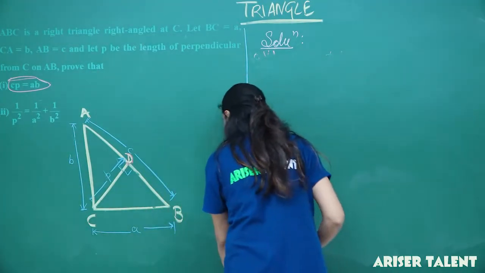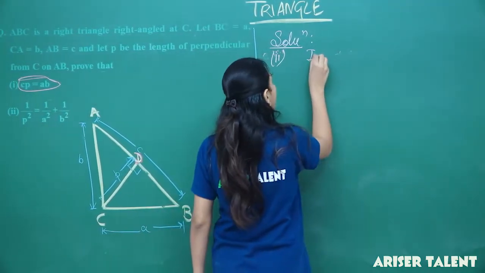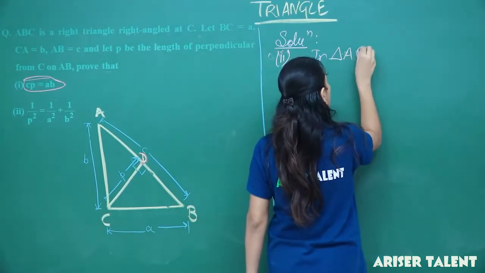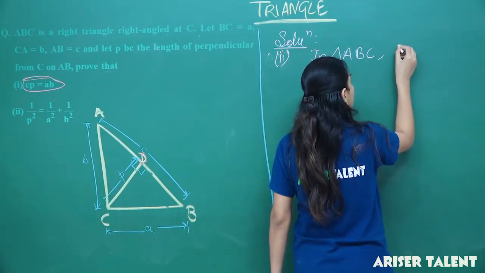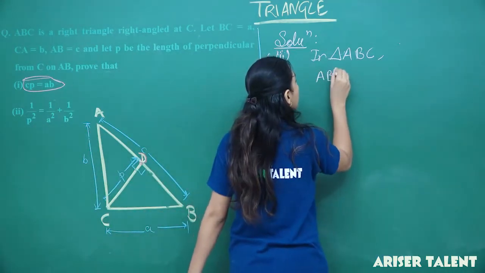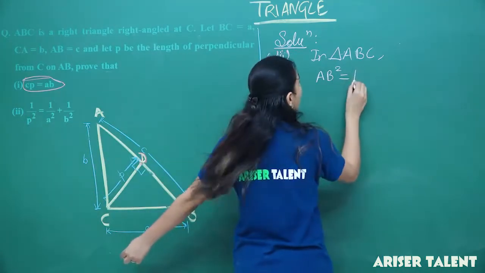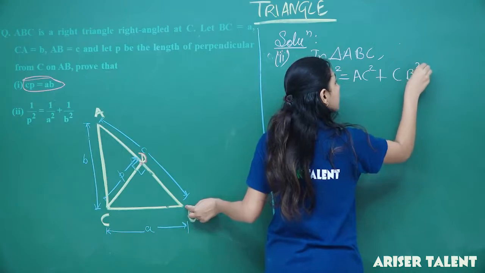Applying the Pythagoras theorem here for the second part in triangle ABC, we can say that AB square equals AC square plus CB square. Right, students?